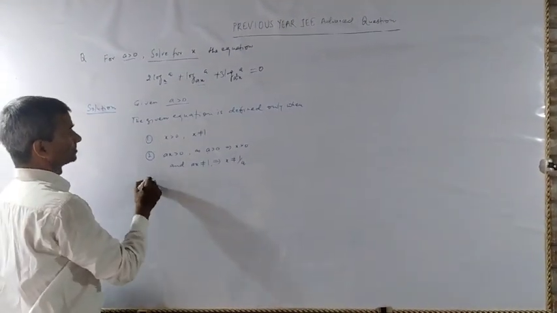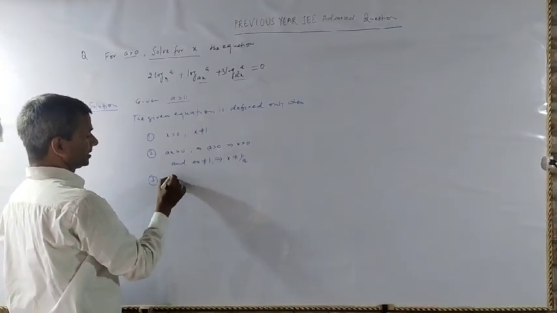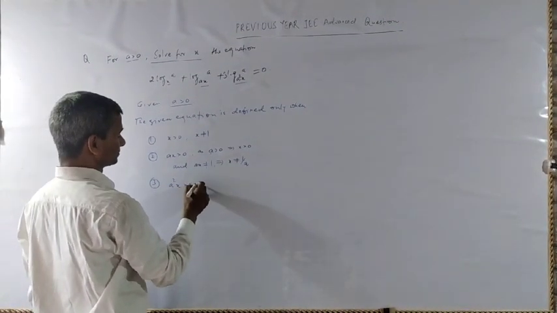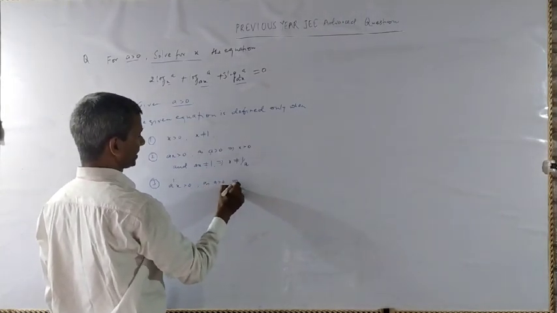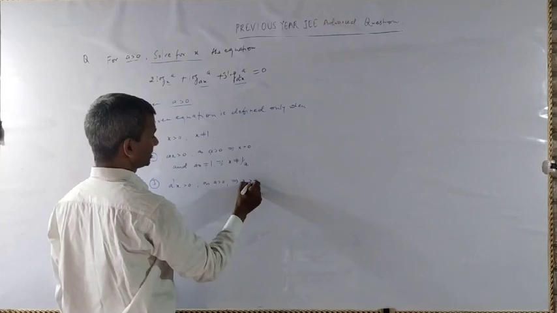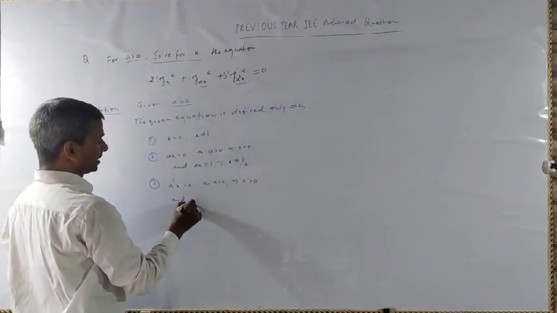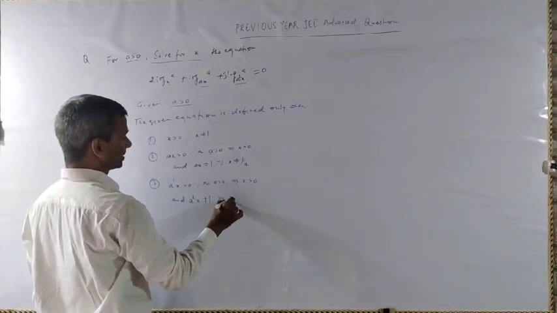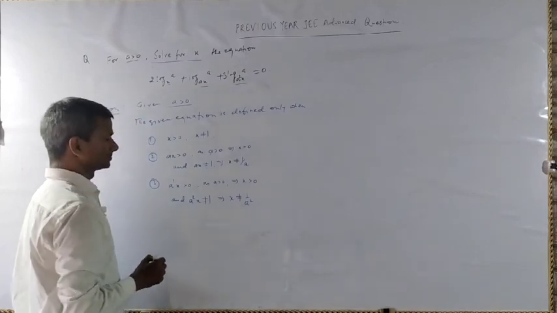And third, that is last, this a square x should be greater than 0 as a greater than 0, which implies x is greater than 0 and a square x is not equal to 1, which implies x is not equal to 1 by a square.